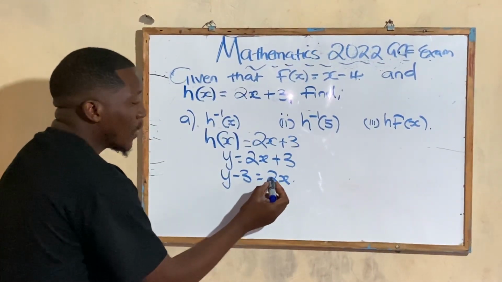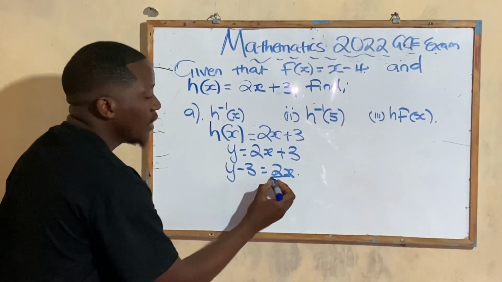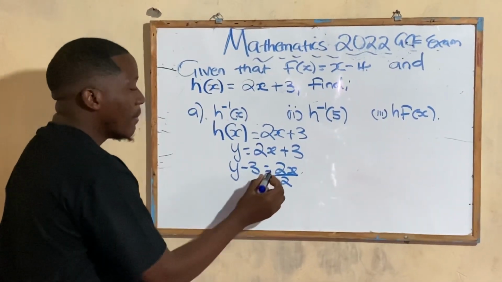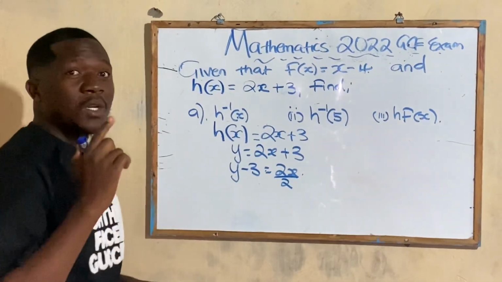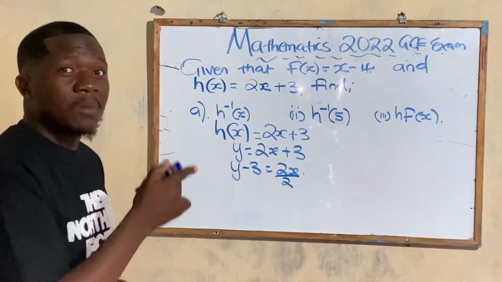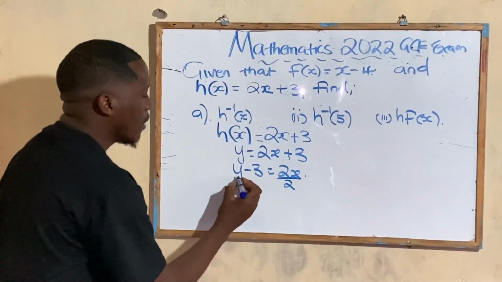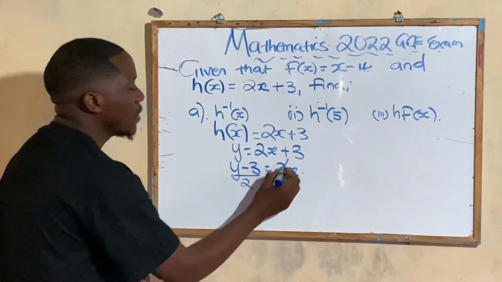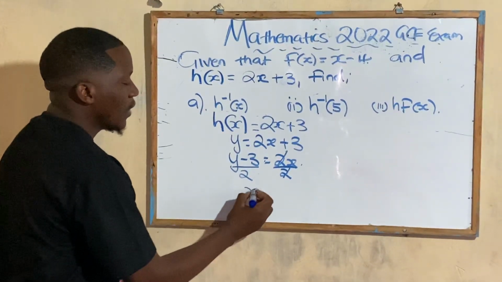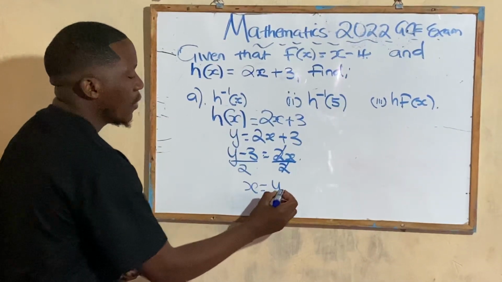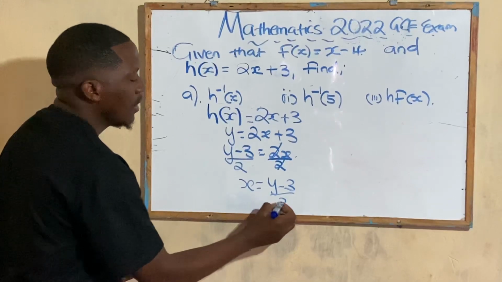Therefore, since 2 and x are combined, we're going to divide by 2. But because there is an equal sign, what we do on the right should also be done on the left-hand side. So I'm also going to divide by 2. So 2 and 2 cancel. So x is now going to be y minus 3, everything over 2.